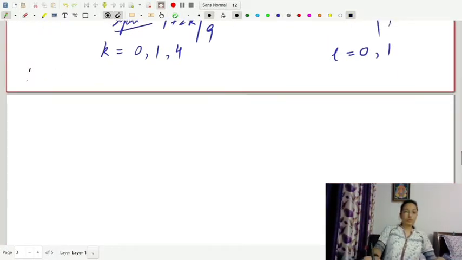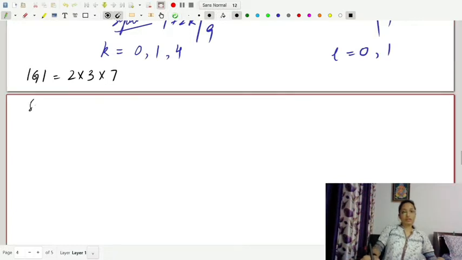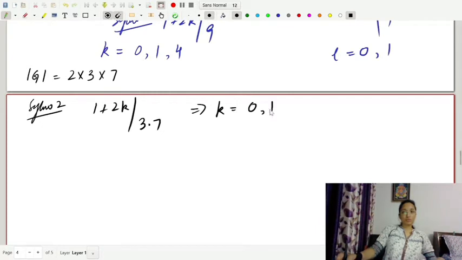Now, for order of G equal to 2 into 3 into 7, we have Sylow 2 subgroup 1 plus 2k divides 3 into 7, that is k is of the form 0 or 1. For 2 it is 5, 3, 7, 4, 5, then it would come 10.